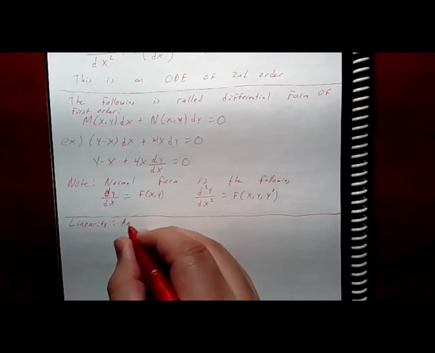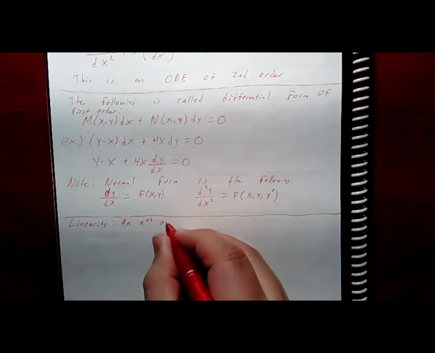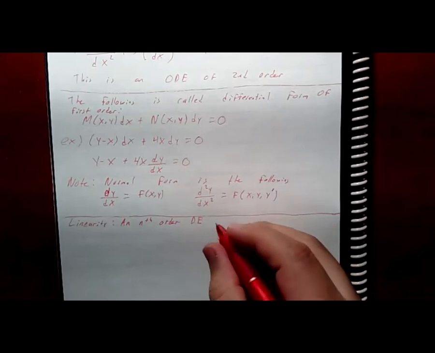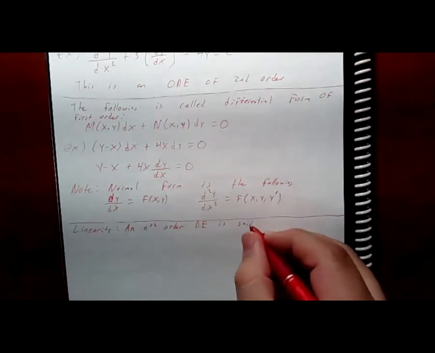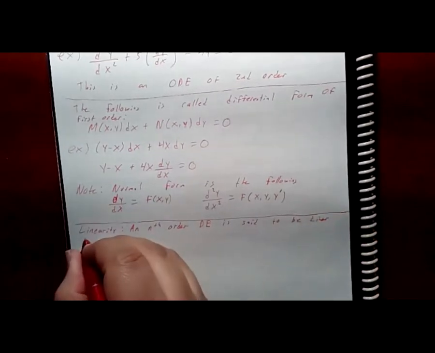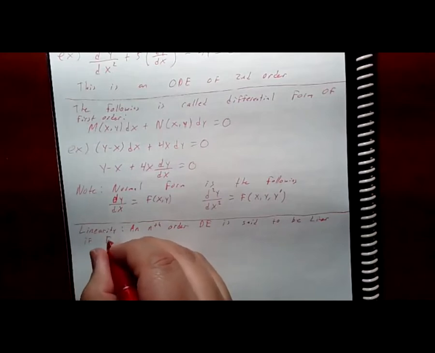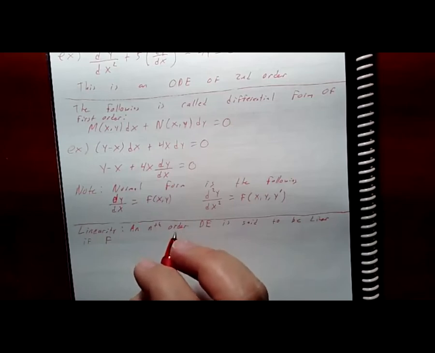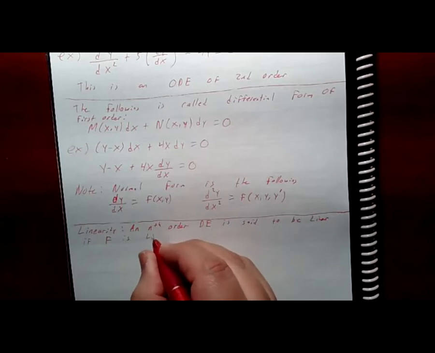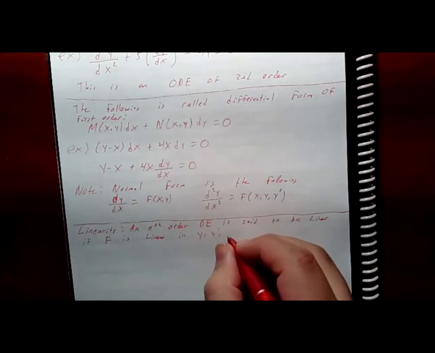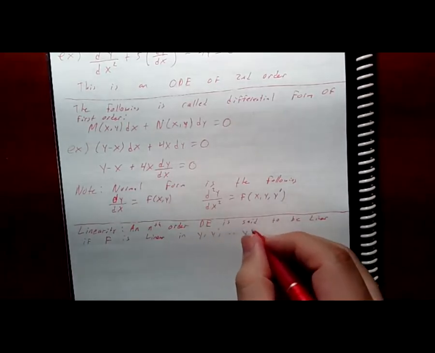So in general, an nth order differential equation is said to be linear if capital F is linear in y, y prime, dot dot dot, all the way to the nth derivative.